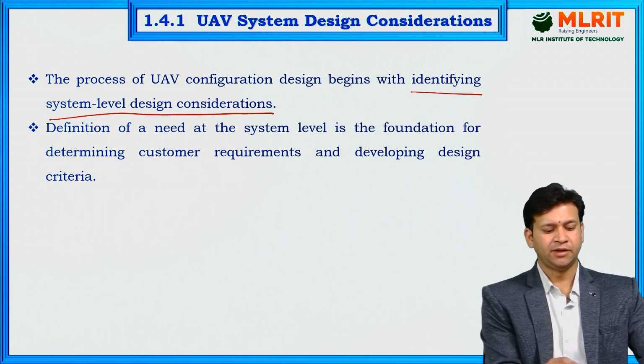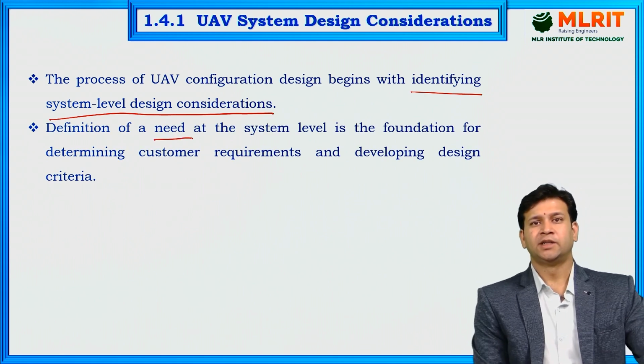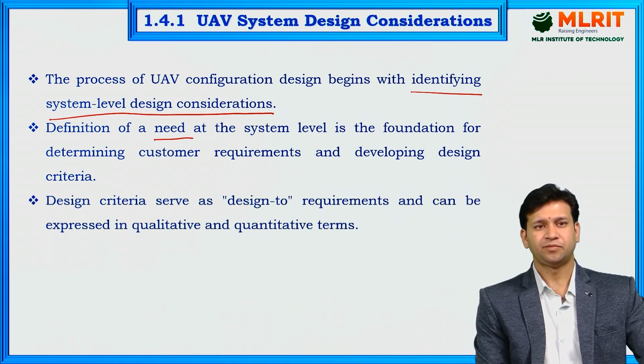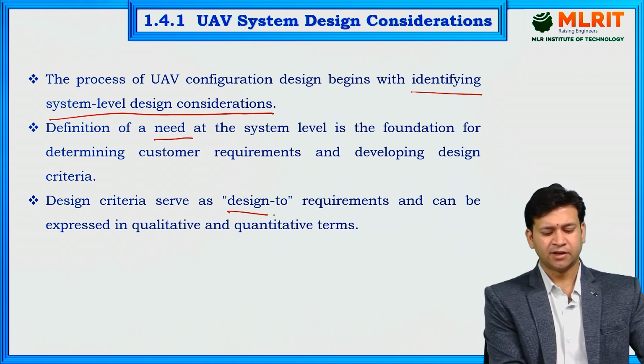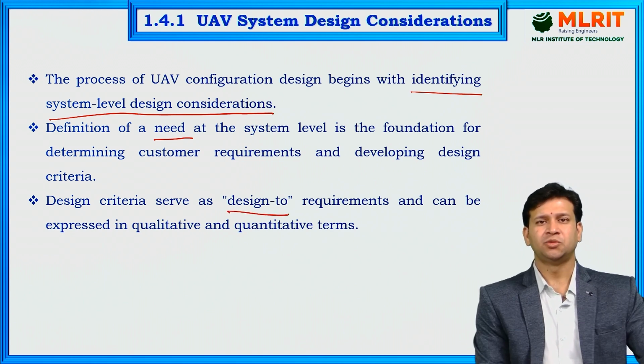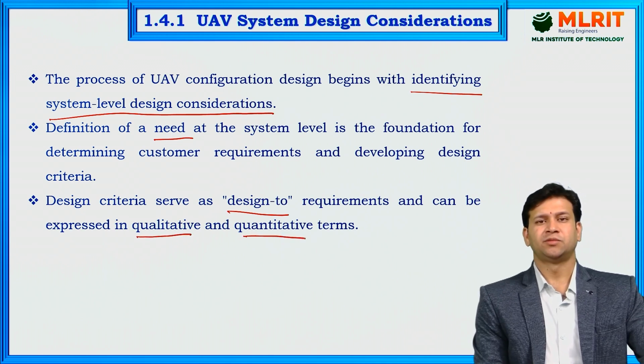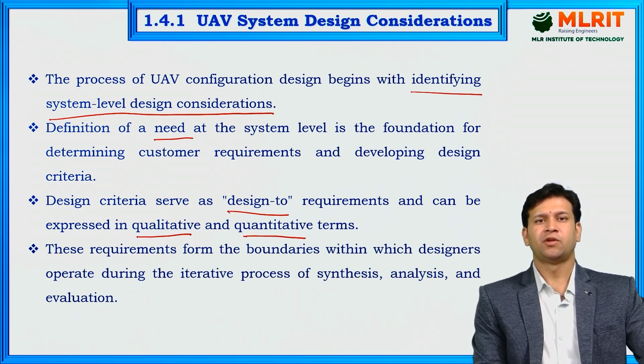Definition of a need at the system level is a foundation for determining customer requirements and developing design criteria. The design criteria serve as design-to requirements and can be expressed in qualitative and quantitative terms. These requirements form the boundaries within which designers operate during the iterative process of synthesis, analysis, and evaluation.